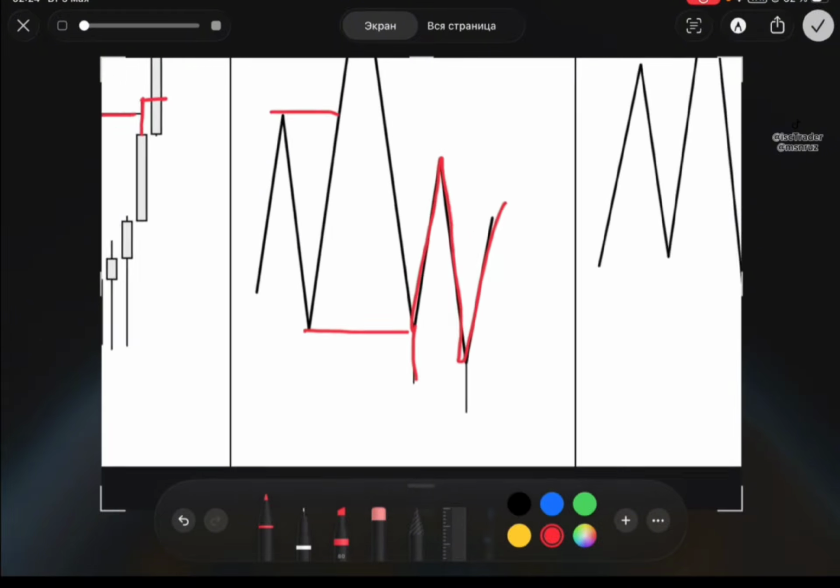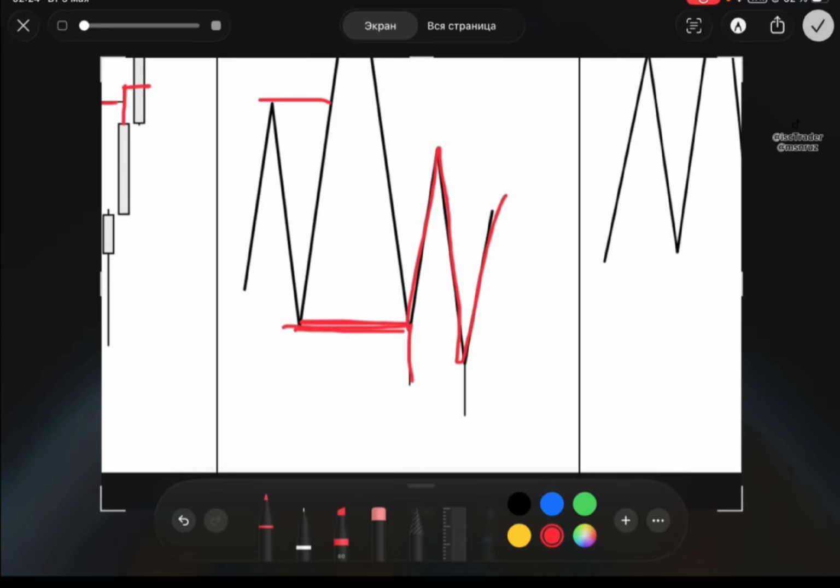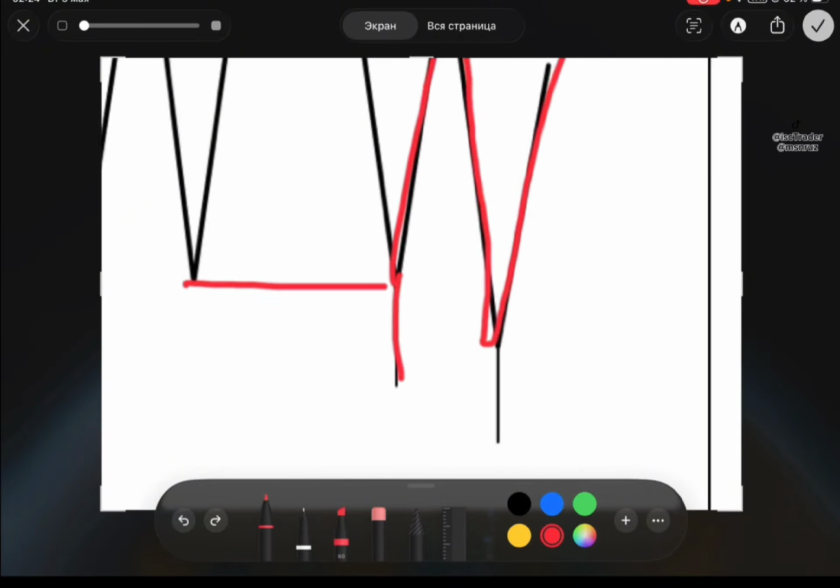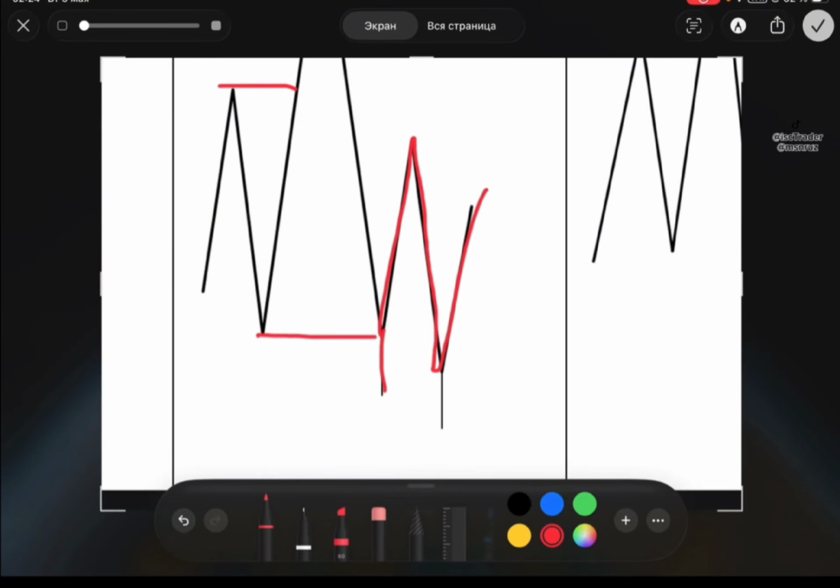But there hasn't been a breakout here. The reason is the market didn't close with its body. It just closed with its shadow. And this is high risk. A lot of people think there was a breakout right here and call it inducement. Well, this is not an inducement.